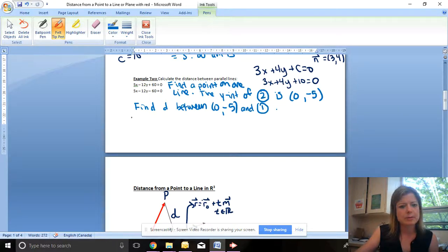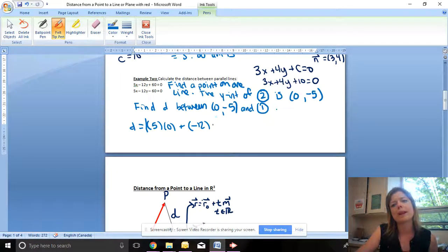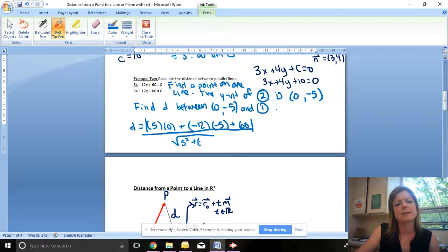Okay, so distance is equal to the absolute value of A of the line, 5, times our point's x, 0, plus our B value, -12, times the y of the point, -5, plus C, 60, all over the square root of A squared plus B squared. So the square root of 5 squared plus -12 all squared. When you put that into your calculator, you get 120 divided by 13 units.